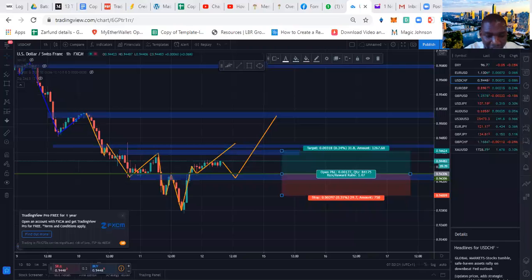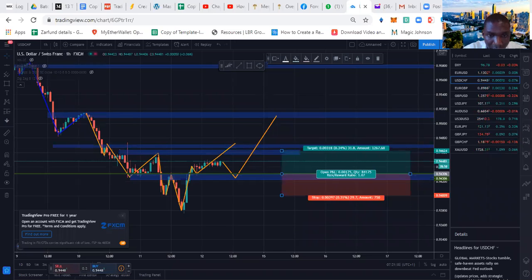Let's put a buy limit, and the price is at 0.94306. Now this is the price, the one in ash here. That's the price.